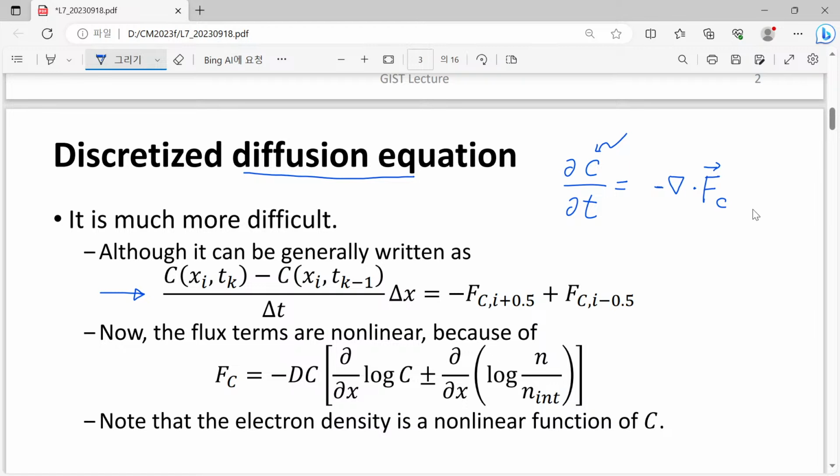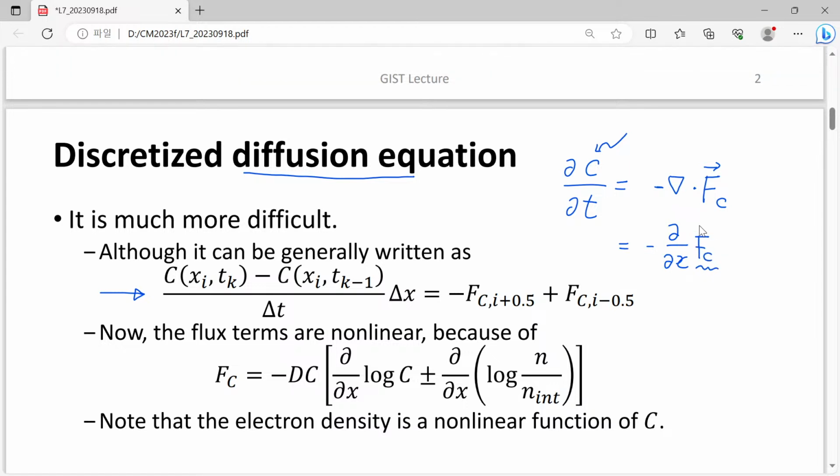That is the general continuity equation for our dopant atom C. After that, when we make a 1D approximation, it can be written in this form, where of course F_C means the x directional component of this vector F.